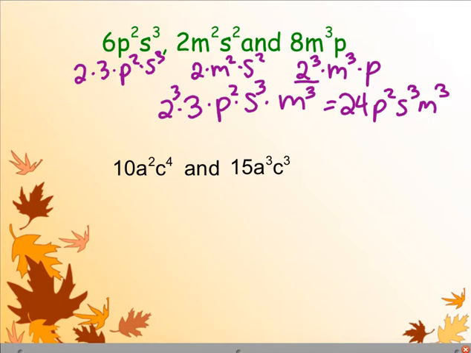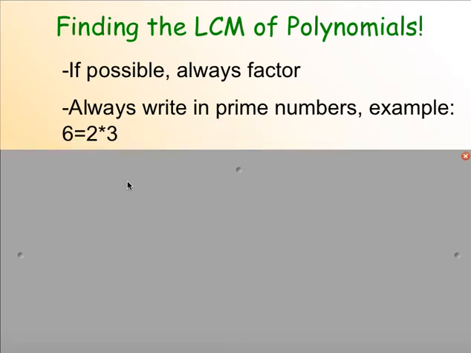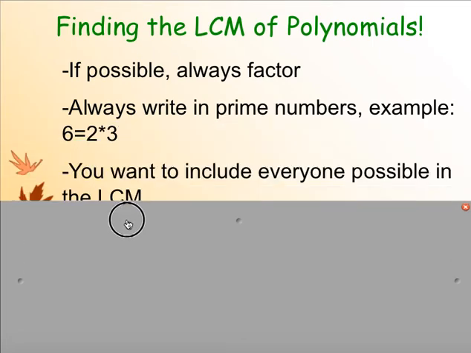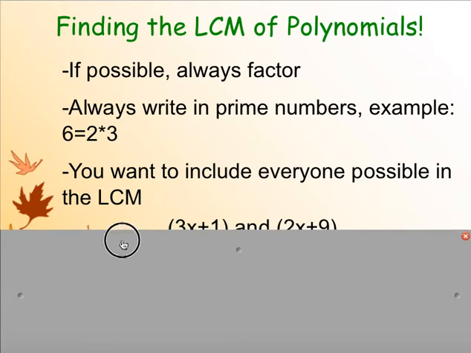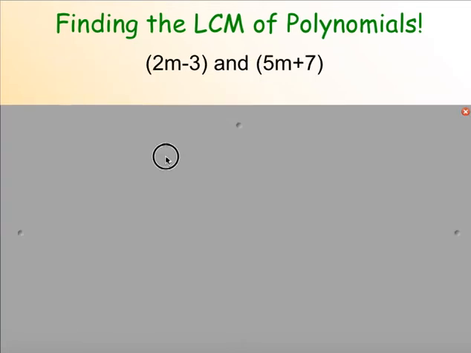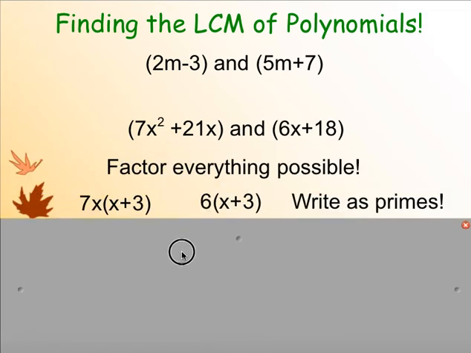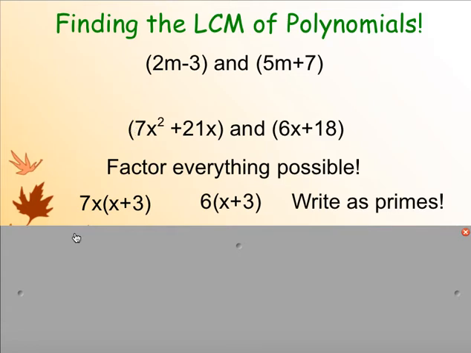Now, one last type of thing that we could see to find the least common multiple, and that is polynomials. So first, always factor, and then write any of our factors in prime numbers. And we want to include everything in the least common multiple. So we're going to look at the second one first, and we're going to factor everything possible, which means we're going to factor out a 7x, get 7x times x plus 3.